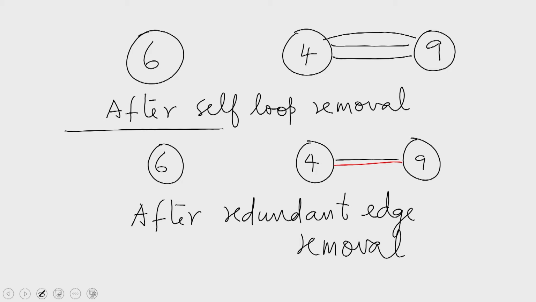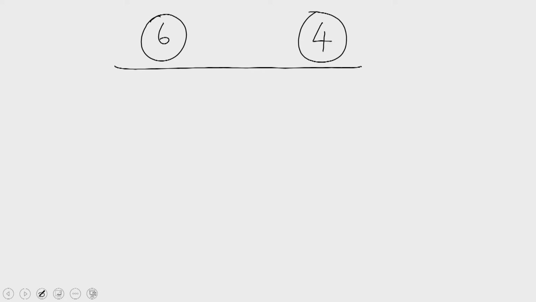So what we find is that 4 and 9 collapse into one single vertex, with a self loop, and then we remove the self loops, and the graph reduces to this.